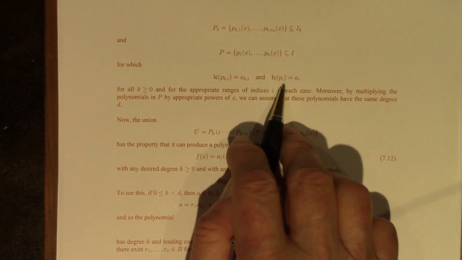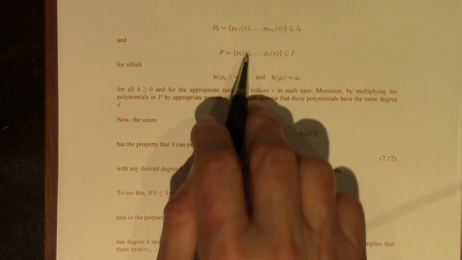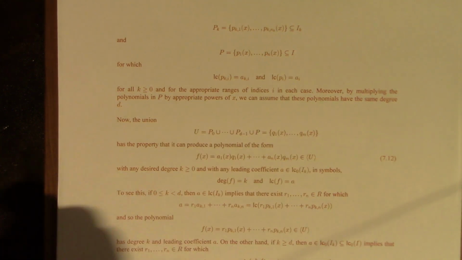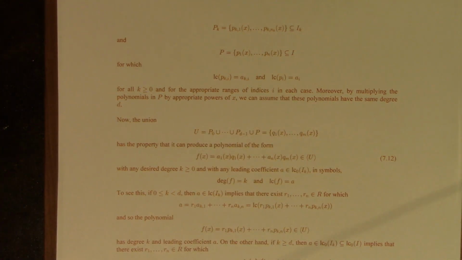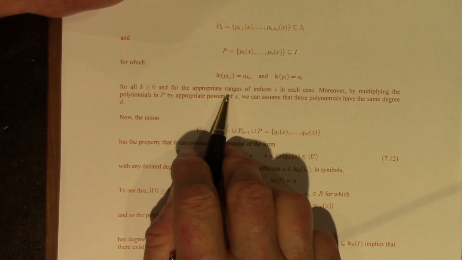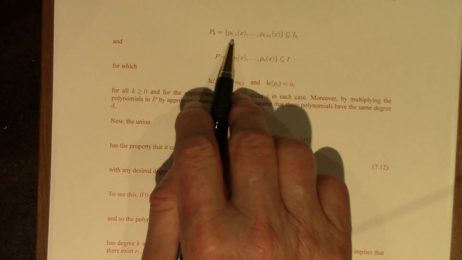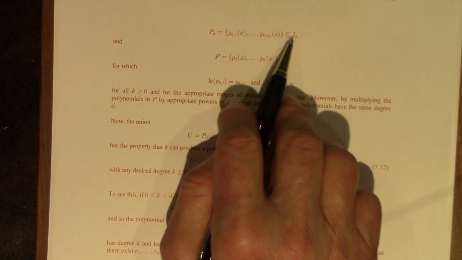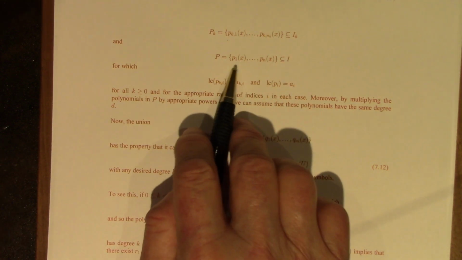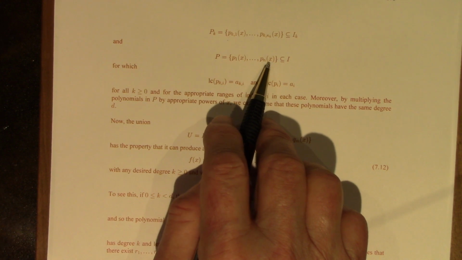And the leading coefficient of p sub i is a sub i. So we've got infinitely many sets of generators of leading coefficient ideals. We switch over to the polynomials from where those leading coefficients came. Now all the polynomials in this family have degree k, because they belong to I sub k. These polynomials, however, we don't know what the degrees are.